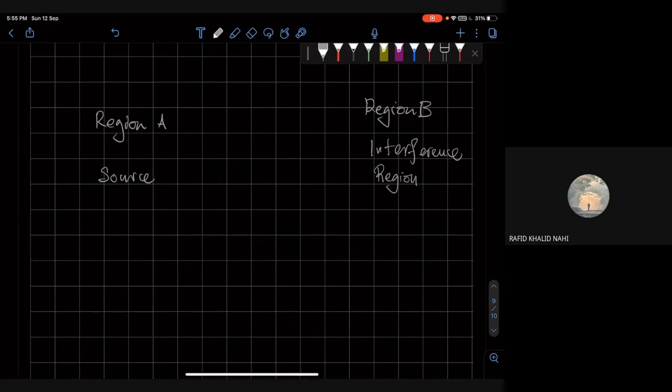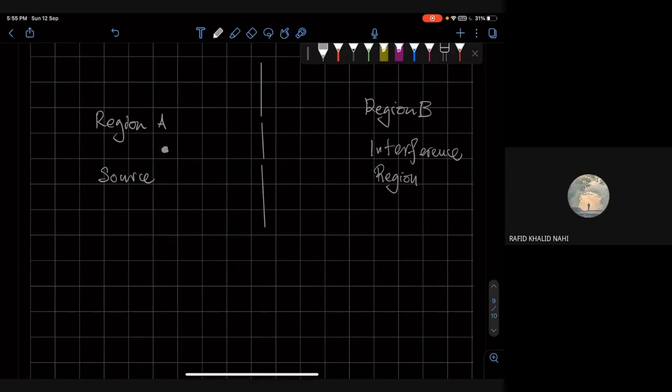In between these two regions, there is a barrier, and the barrier has two slits. So the electron can go from region A to region B, but it must travel via these slits.